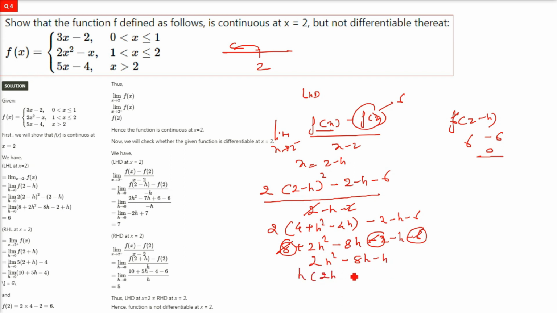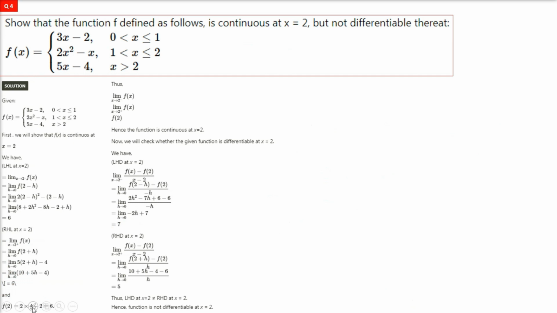So you will get 2h minus 8 minus 1, and the denominator is minus h. So h gets cancelled. It is going to be only 7, because when you apply the limit, it is going to be 7. There is a slight change here. It's going to be 7 because h gets cancelled.